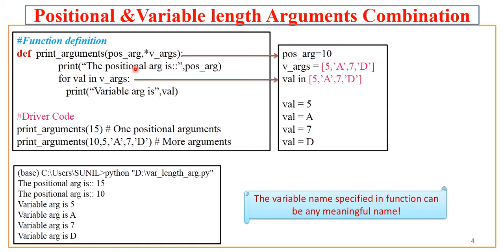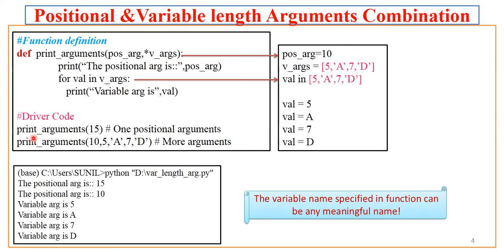First I print the positional argument, and then I print all the variable number of arguments referred to by var_args, which is a reference to the dynamically created list, printing each argument value. So here is the driver code.